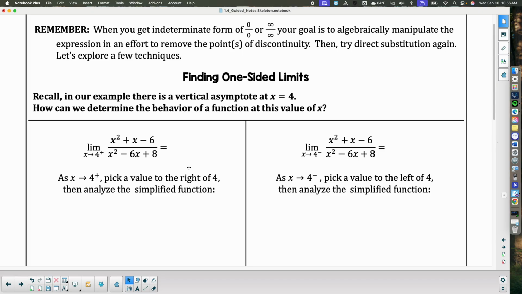And the reason is the method for one-sided limits, it's allowed on the AP test, but I don't like it. It basically just has you pick a number close to it and plug it in. And I don't like it. So I'm going to teach you a different method that I find a lot easier that doesn't need a calculator. But I'll show you both ways. So that's kind of why I save it for tomorrow.